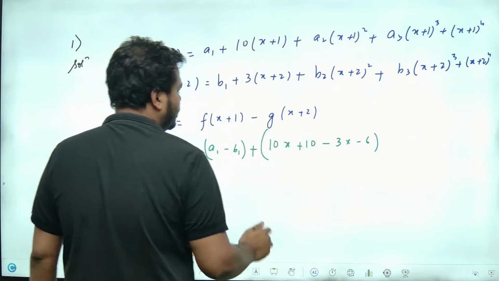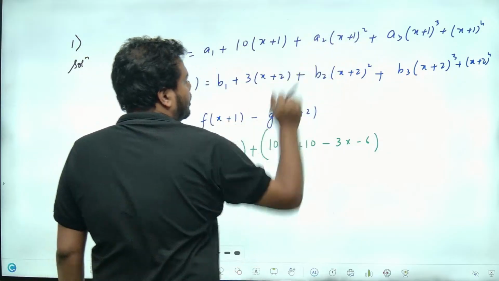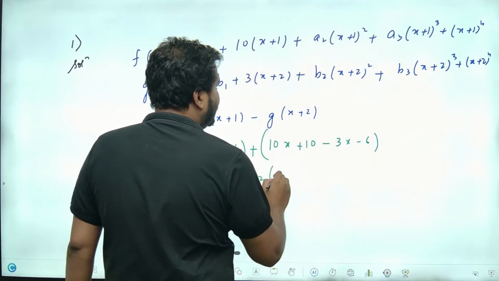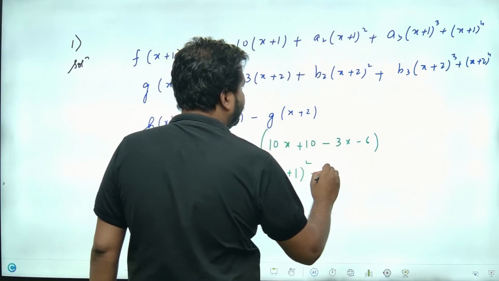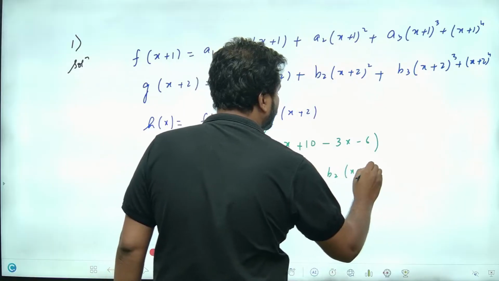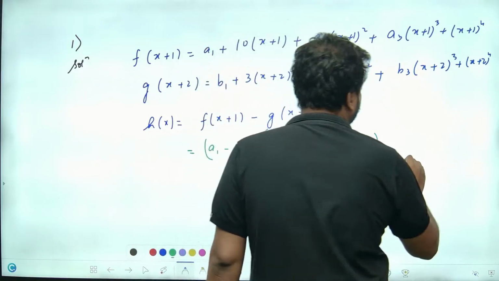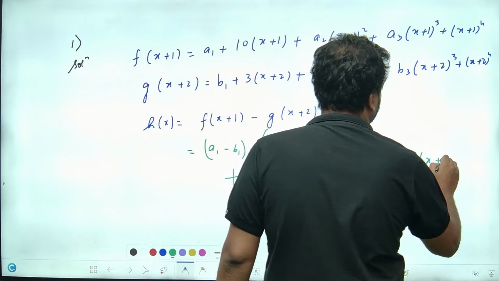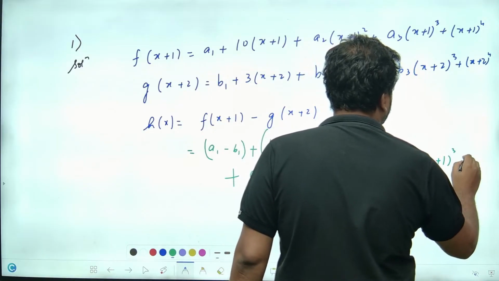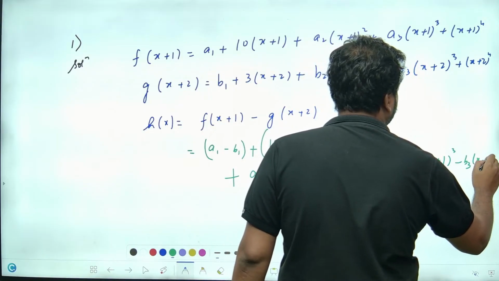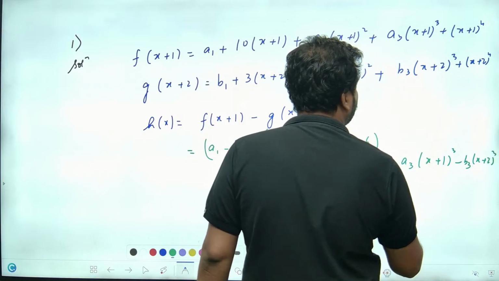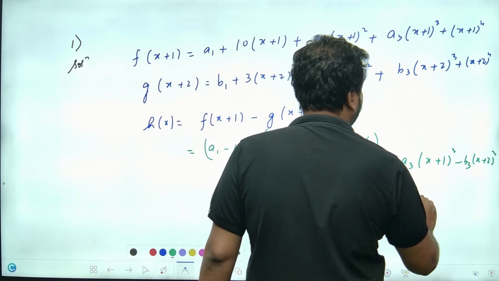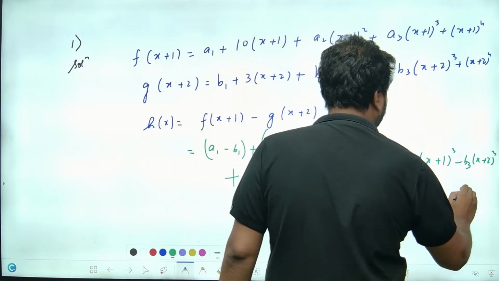Open the bracket, write it: a2 (x plus 1) whole square minus b2 (x plus 2) whole square plus a3 (x plus 1) whole cube minus b3 (x plus 2) whole cube plus (x plus 1) to the power 4 minus (x plus 2) to the power 4.